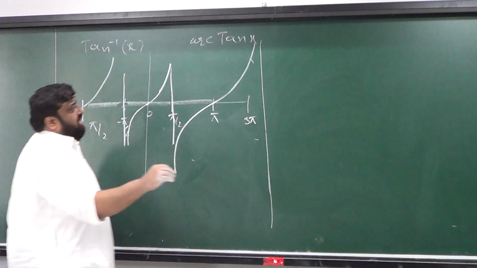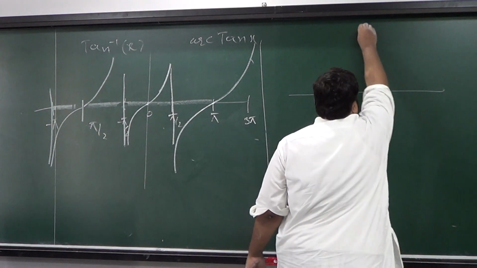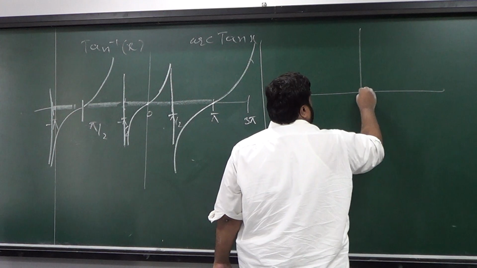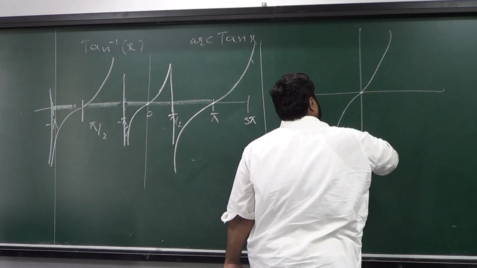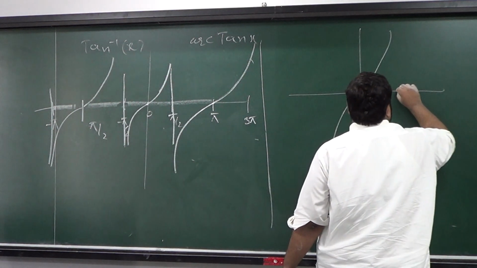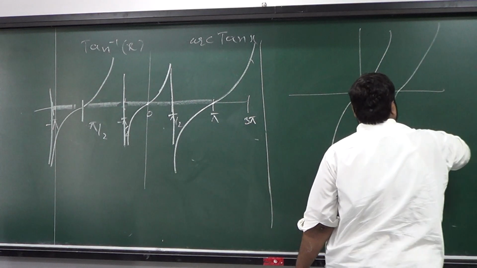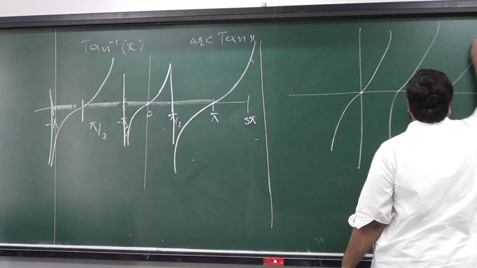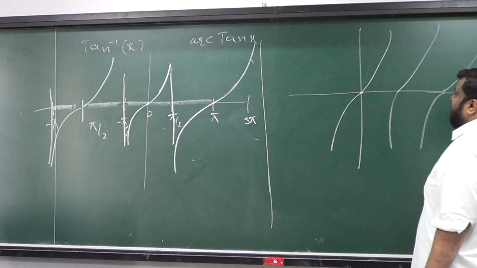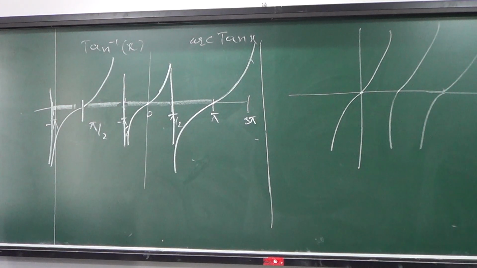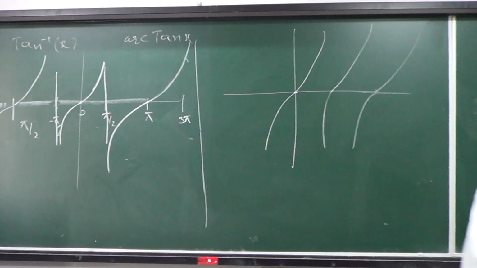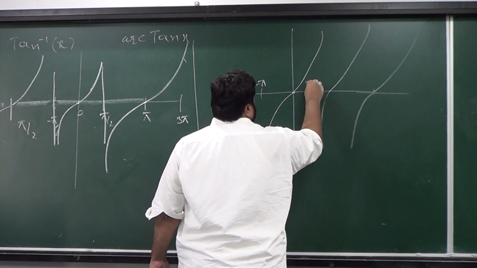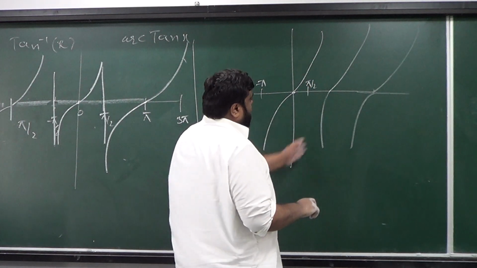If I redraw it clearly, you're going to see it's a series of graphs, something like that. I'm bad at drawing, but you can look at it in Desmos and you'll see it. This is really going to be between minus pi by 2 to pi by 2, and so on and so forth.